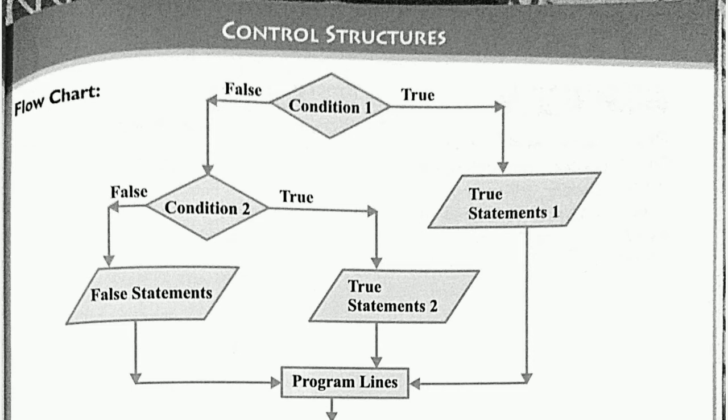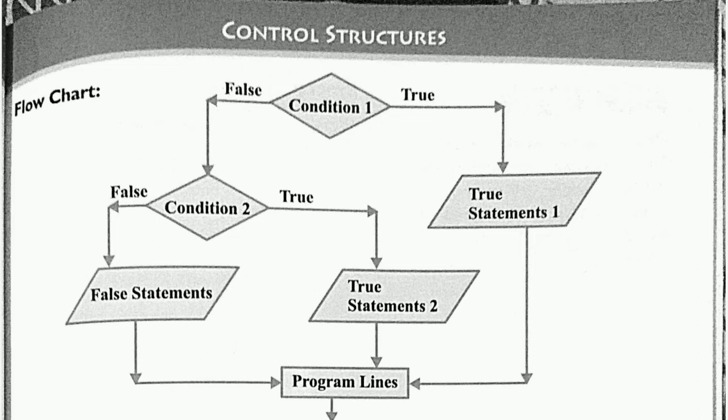So when the first condition becomes true, a separate true block is executed. When the first condition becomes false, then another condition is checked by using this if else if ladder. This other condition will be checked in the false statement of the first condition.